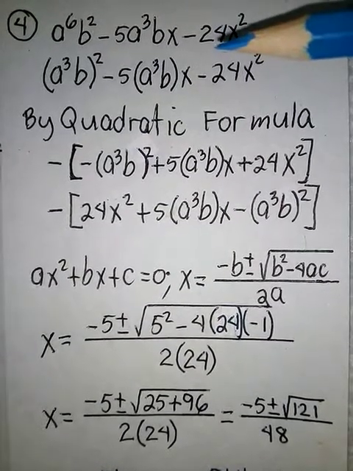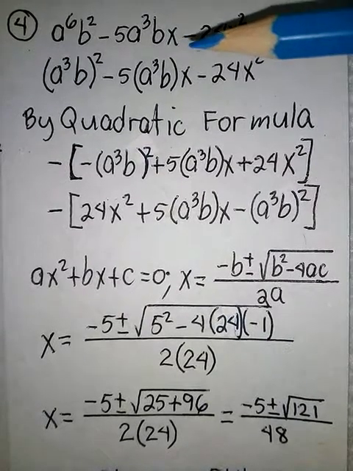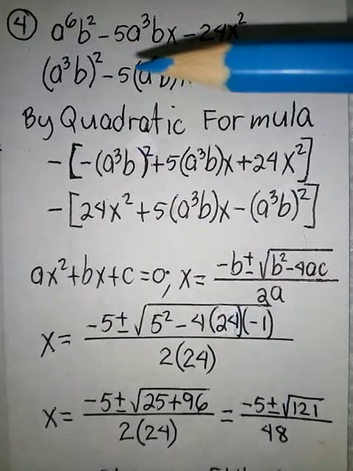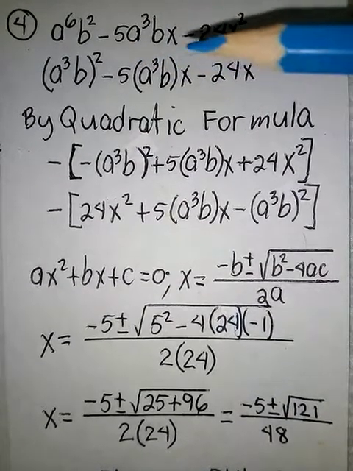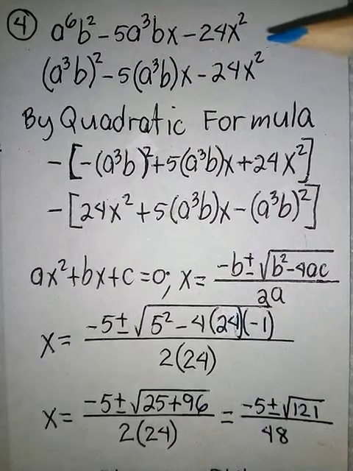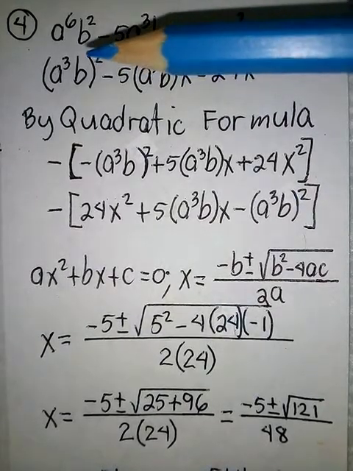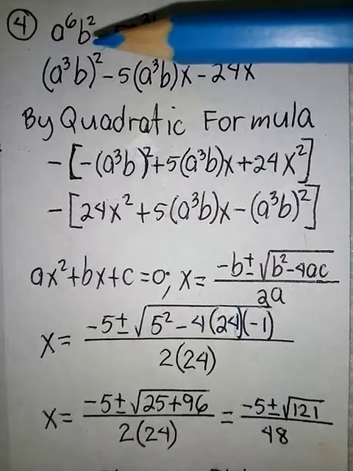So let us see. We are given a to the 6 b squared minus 5a cubed bx minus 24x squared. So let's factor a to the 6 and b squared. They have a common exponent of 2.